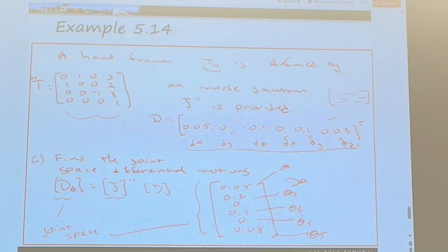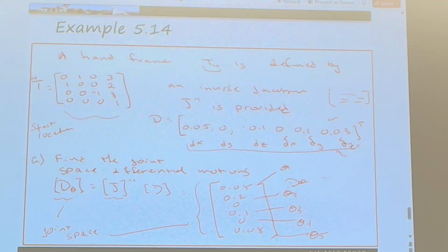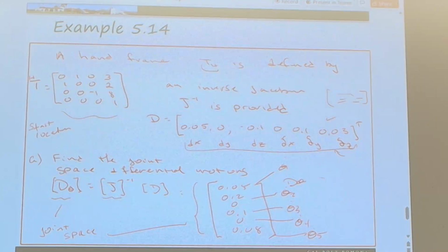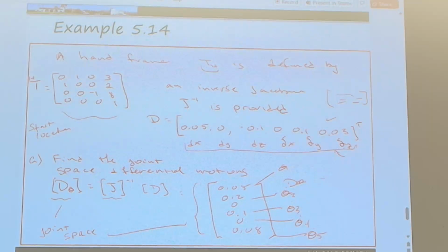Question B is saying, find the change in the hand frame. Given these velocities, and given the start location, we've applied these velocities because we wanted the tip to move in this particular profile. So where is our hand going to end up? That's the idea here.